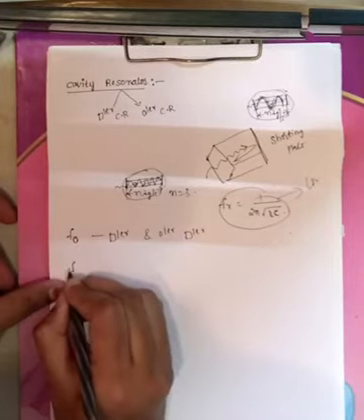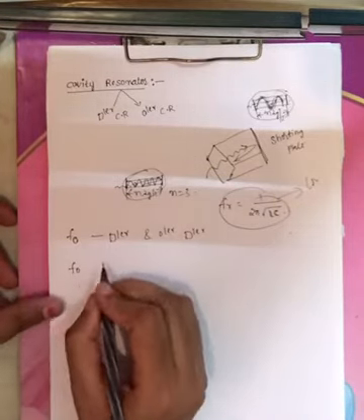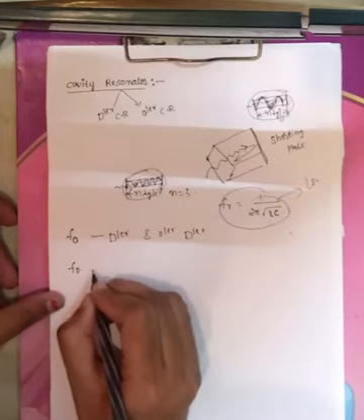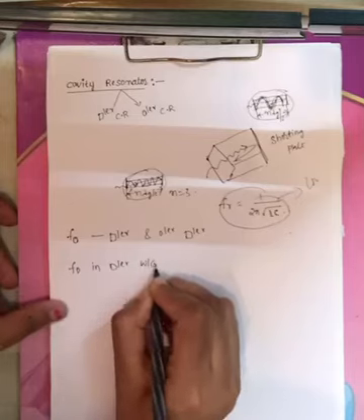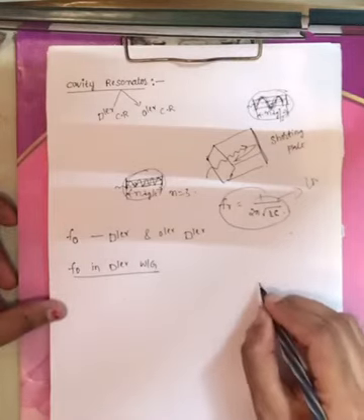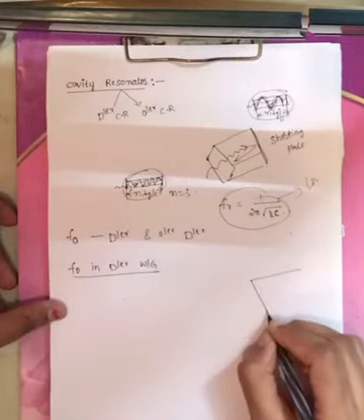Now let us derive the resonant frequency, denoted by F0, in a rectangular waveguide, right? Now let me draw the cavity resonator structure.